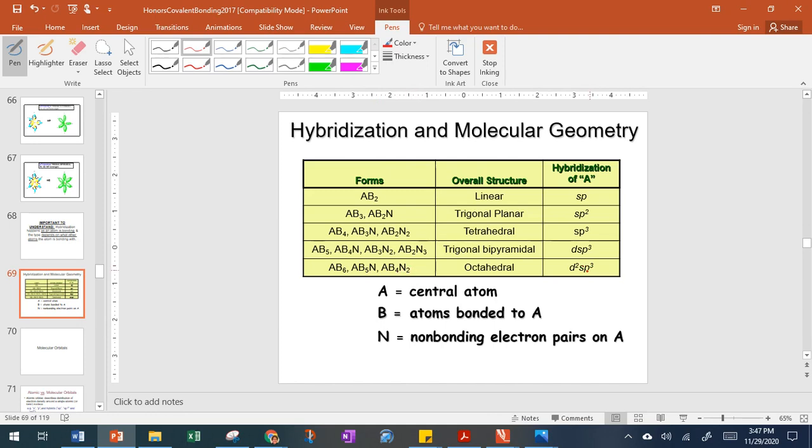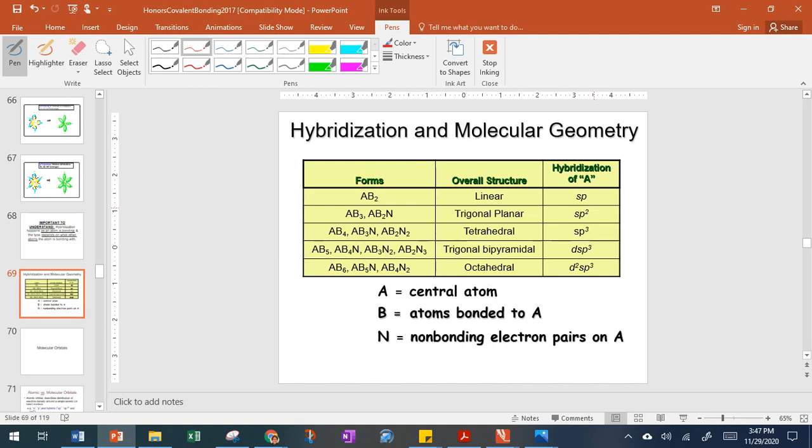We will need 6 regions. d2, which is 2, plus a single s, which adds up to 3, plus 3 p's, which adds up to 6. That will give us 6 regions. So we can use this kind of pattern to correlate which forms will require which hybridizations.